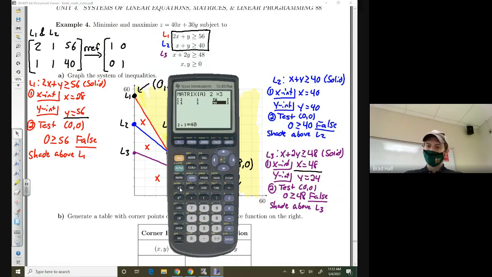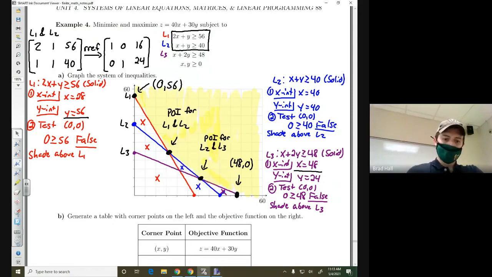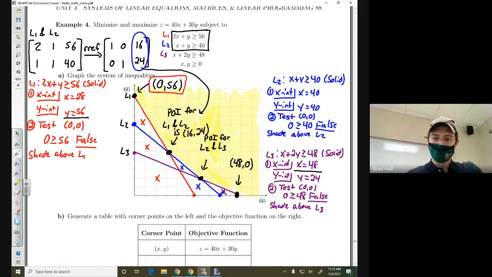And from here, we can go ahead and determine the RREF for that matrix. Which tells us that the point of intersection is in fact 16 and 24. So that column tells us precisely what one of these corner points is. So 16, 24. So far we have 3 of the 4 corner points now.